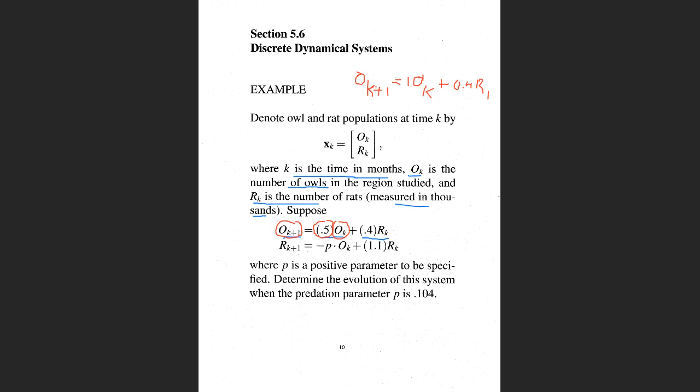Would that make sense to say? I'm not really asking you right now to worry about the 0.4 R sub k. I really want you to focus on this part.